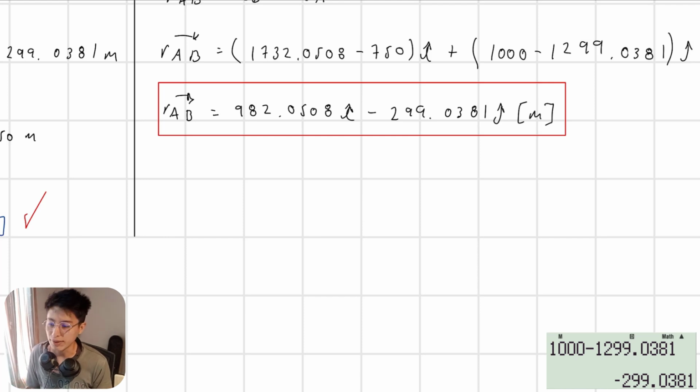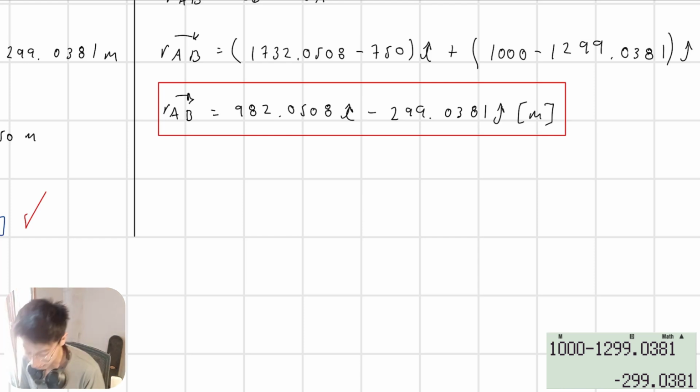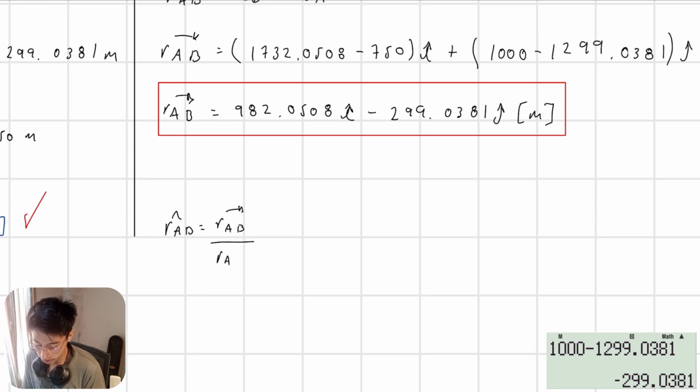And there is another one, which is the most common and used one, and this is something that I'm not going to forget my entire life. For the vector RAB, the unit vector RAB is going to be equal to the vector divided by the magnitude of the vector.